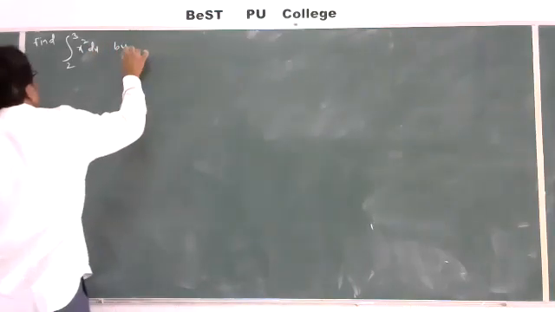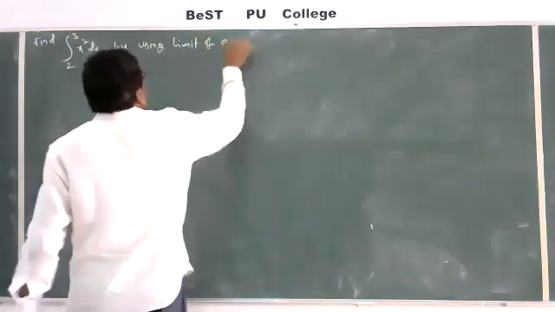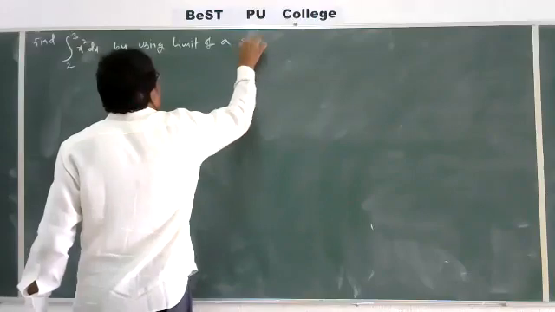Next problem, third problem. Find integral 2 to 3 x square dx by using limit of a sum.